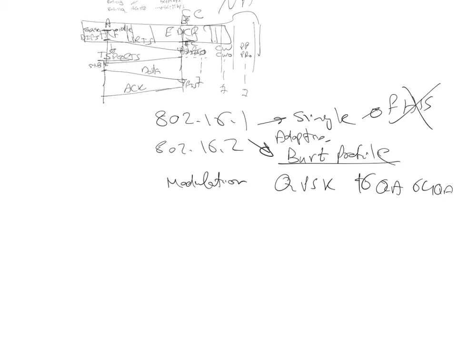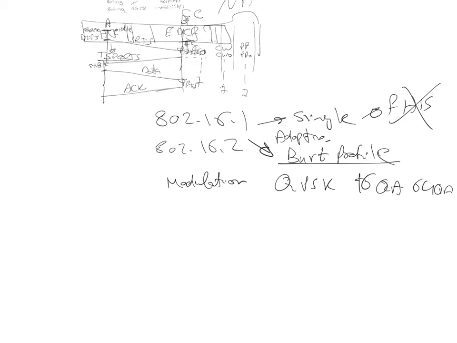We're talking about almost 1 kilometer or at least 500 meters. So the amount of variations that might happen to the channel is high, because the range is very far. And that's why this adaptive burst profile was part of the original standard. It was not part of Wi-Fi or Bluetooth. For Bluetooth, we talked about GFSK, Gaussian frequency shift keying, but we don't have any adaptive burst profile in that case.